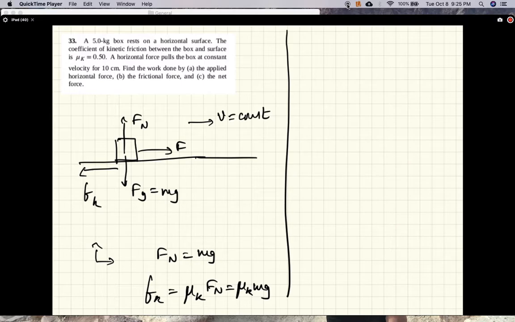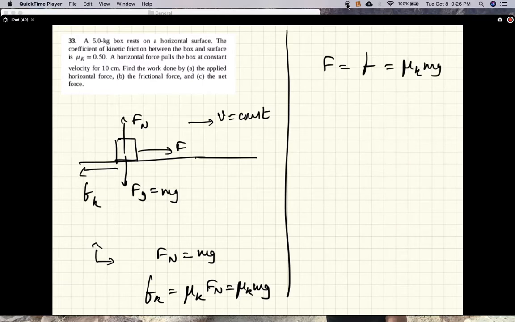Now, since the box is moving at constant velocity, this force must equal the horizontal force. So that means F equal to F, which is equal to mu k times mg.